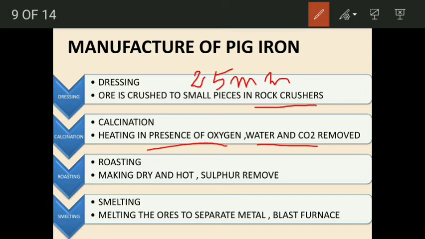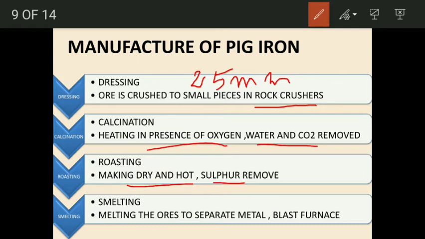That means making the ore dry and hot so that impurities like sulfur will be removed. Sulfur is a volatile part of the ore, so on high heating it will get removed. That is called roasting. If you are using oxide ores like hematite, magnetite, etc., we don't have to go for the roasting step. It is for the ores that contain sulfur.